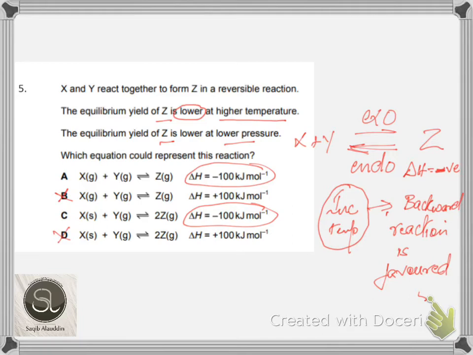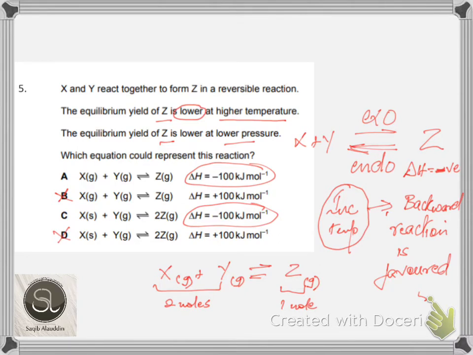Remember, in option A, I'll explain with this example. In option A, there are 2 moles of the reactant gases, and there is 1 mole of the product gas.